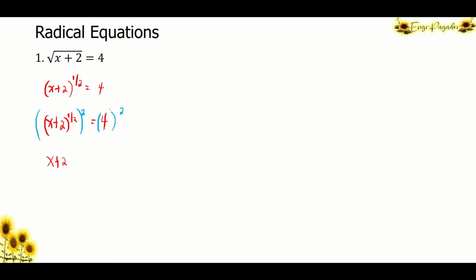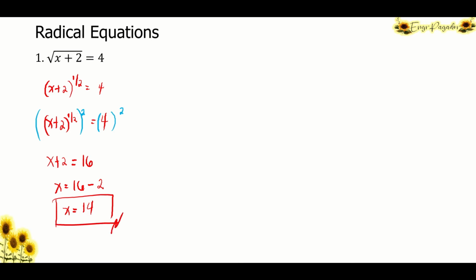So, kailangan din nating i-square yung ating right-hand side of the equation. So, this will be equal to 4 squared, that is equal to 16. And then, iwan natin si x dito sa kabilang side. So, x is equal to 16 minus 2. Transpose natin siya. So, we will have a value of x equal to 14.